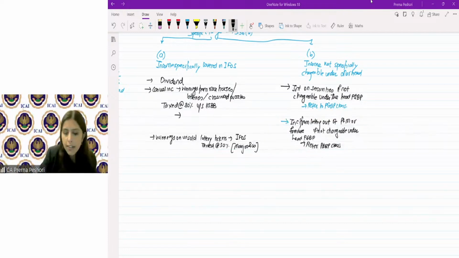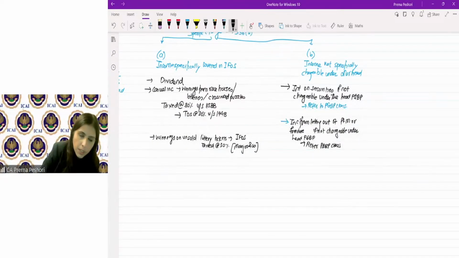The TDS on that is again 30%, which is provided under 194B, which is winning from the lottery or crossword puzzle. So you can write here TDS at the rate of 30% under section 194B, which is winning from lottery. The TDS is under 194B on amount greater than rupees 10,000.